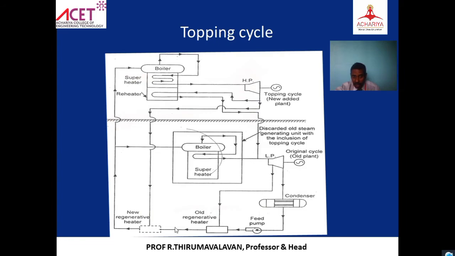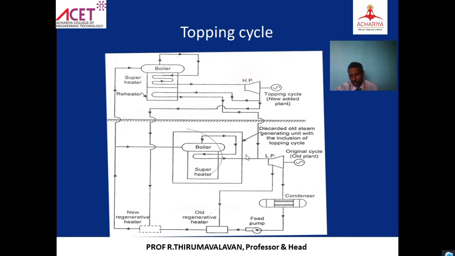Then the bottom cycle: what is the heat available in the steam of the first cycle? The heat available from the first cycle comes to the second cycle. We are utilizing that heat, again heating it like a mercury and water system.